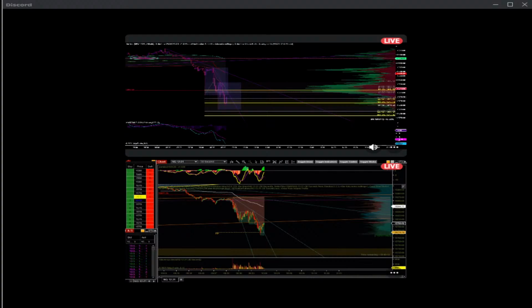Let's see if we break to the upside of this rising wedge here again. We did the retest. Let's see what happened here.